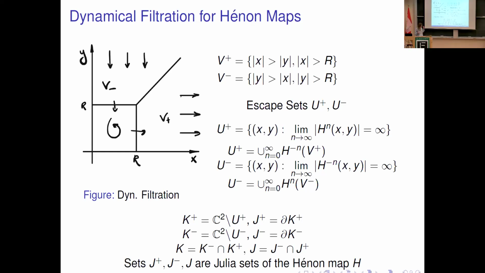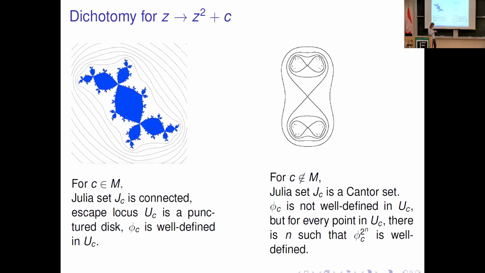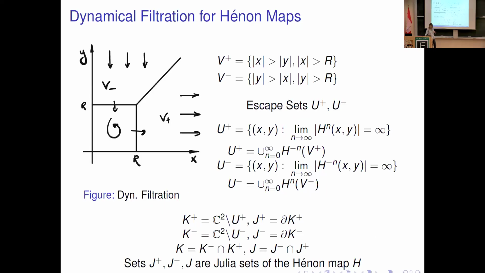The most standard is to call J the Julia set, but all of them can be considered Julia sets. J is compact; J plus and J minus are not.